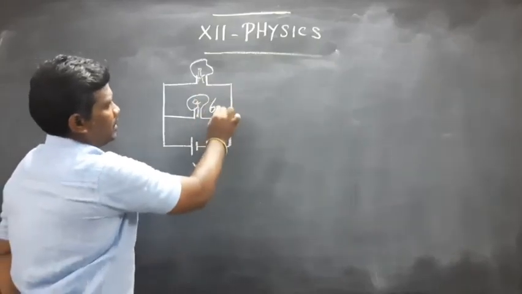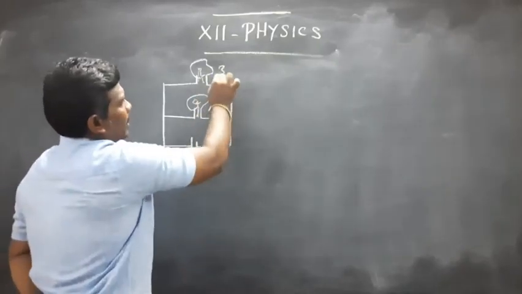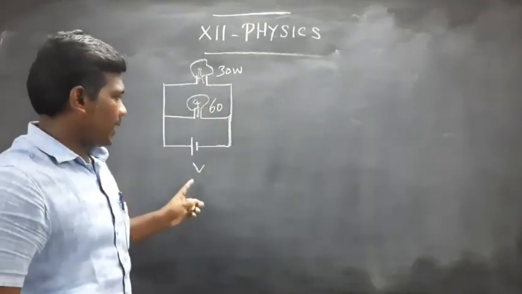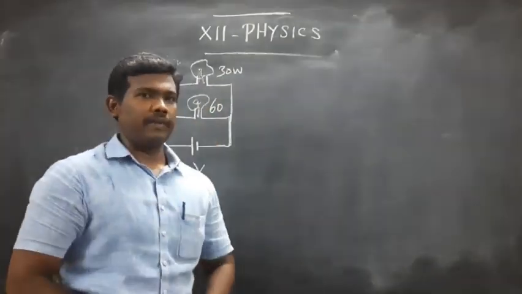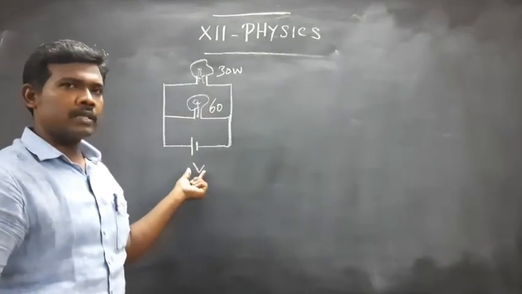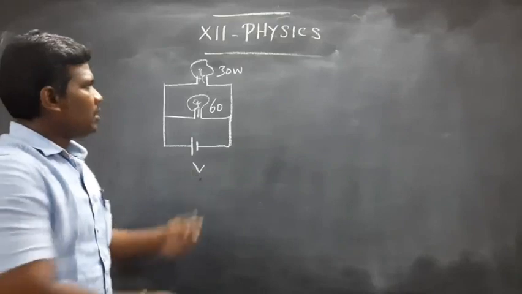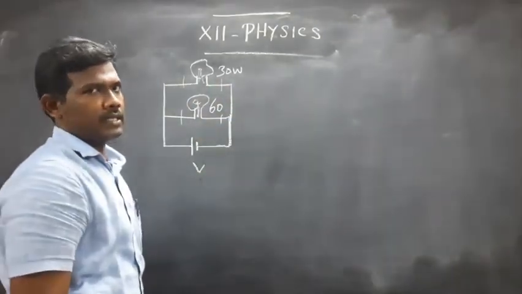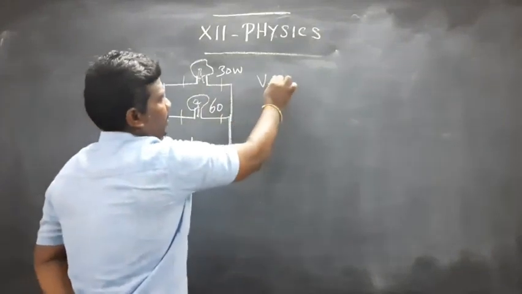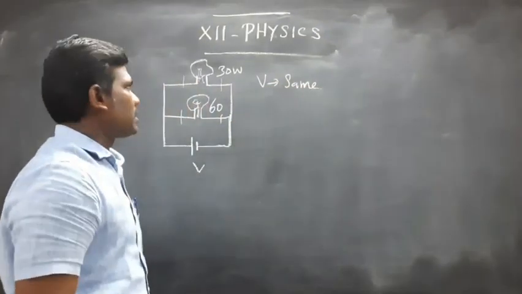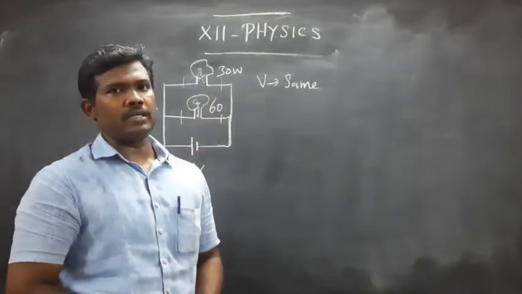One is a 60 watt bulb and another one is a 30 watt bulb. The two bulbs are connected across the supply V. If any two components are connected across the supply, the potential difference across the two is the same. So from the given question, we understand that the potential difference across the two bulbs is the same.